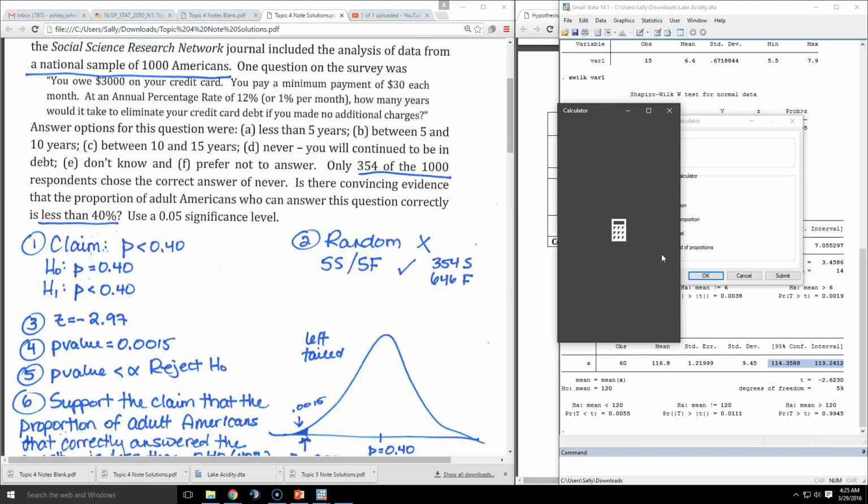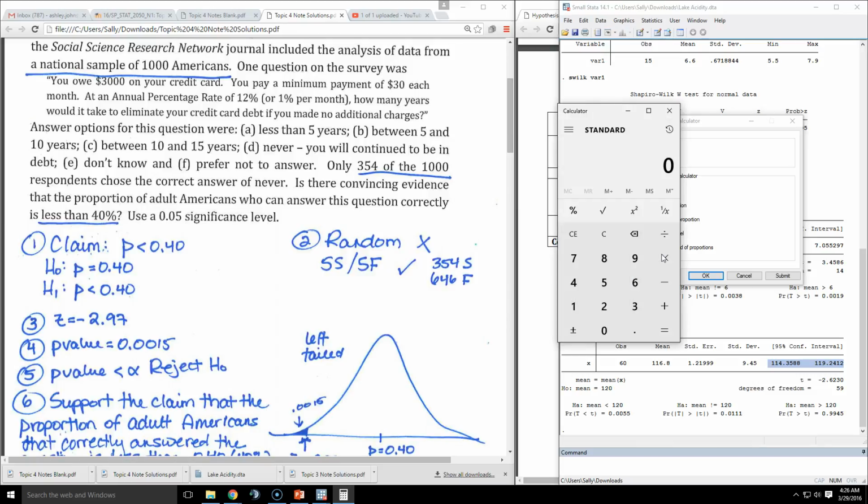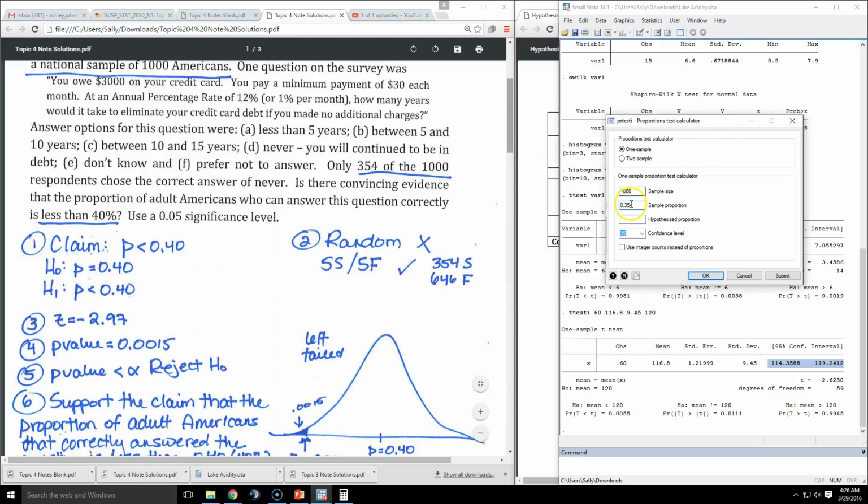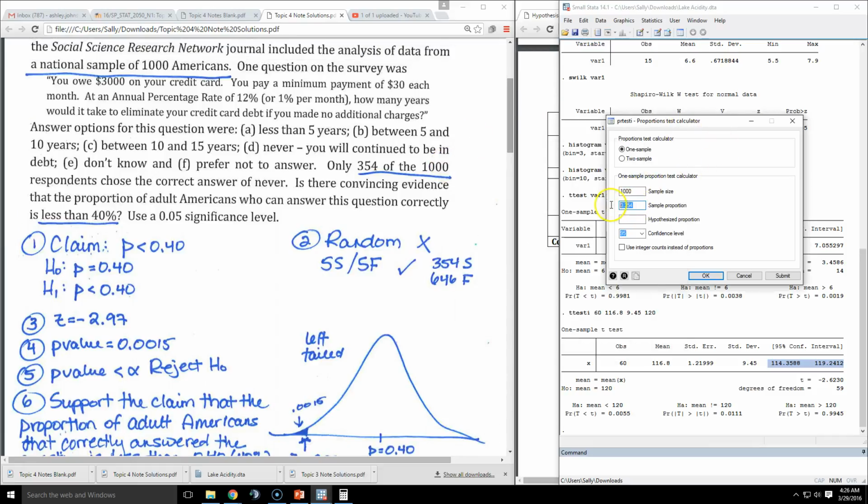And the reason for that is it's asking you p-hat. And that is the proportion of people that got it correct, which would be 354 out of 1,000, or 0.354. So I'm going to, before I click OK, type them in both ways, but after you hit OK, they're going to be the same.